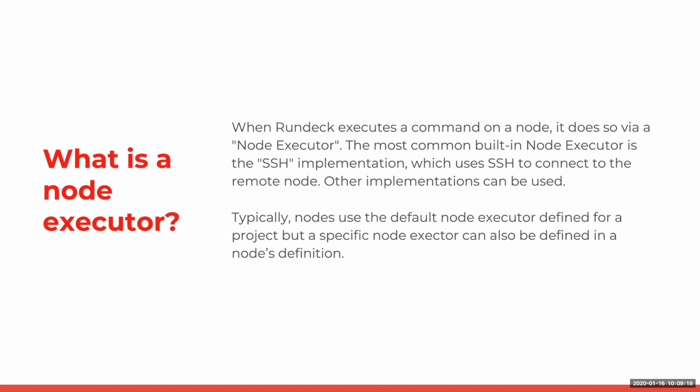There's actually two of them, but there's a basic SSH node executor that is used. And if you're using SSH for your connectivity, you don't need to choose anything different, although you might need to do a little bit of configuration to make sure it's got the right certificates or keys or whatever you need to use. In general, your node executor is defined by the default node executor that you specify for a project. And every node that's in that project will inherit that default.